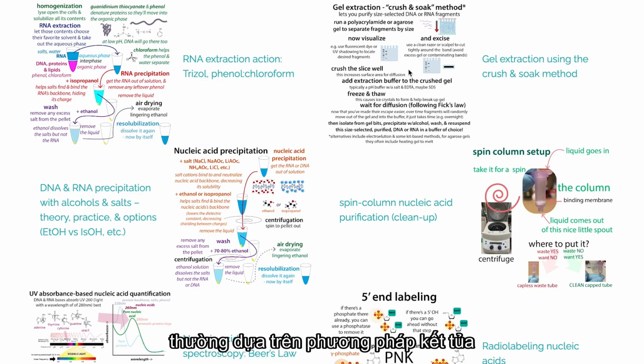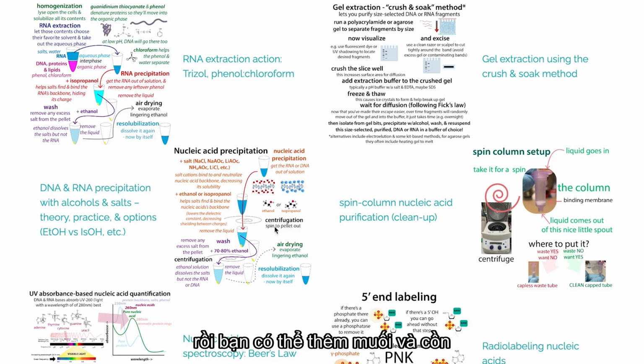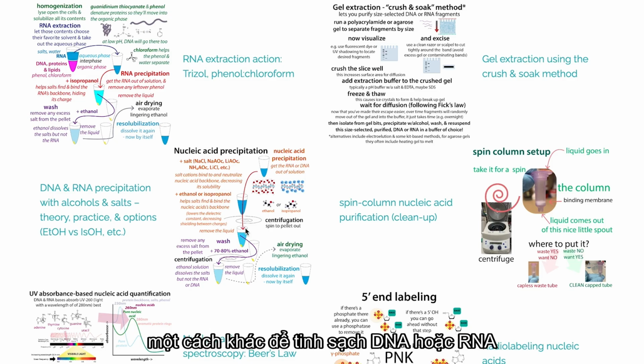And then you can purify it further from there, often based on a precipitation method. So you have this RNA or DNA floating around in the solution, and then you can add salts and alcohol and try to get it to precipitate out, so to come out of solution. And then you can wash it and things like this.